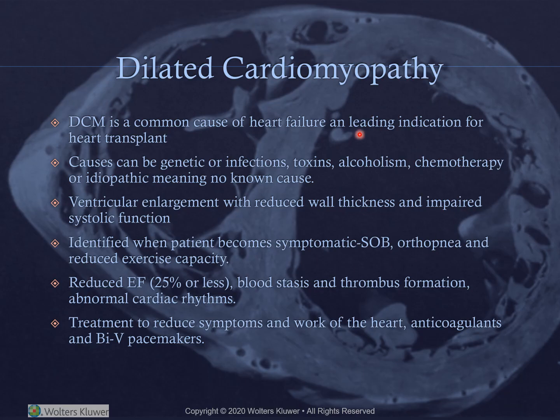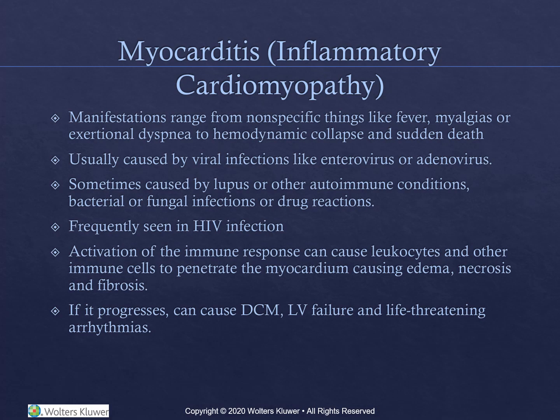But if patients with this condition become really refractory to any sort of medical or surgical treatment, they can become candidates for cardiac transplantation. If we have a dilated cardiomyopathy that is being caused by some kind of secondary agent, like alcohol or chemotherapy, we can take away that toxin to see if it can improve overall function. And we also, with these patients, encourage activity because that can sometimes help with reduction in symptoms overall.